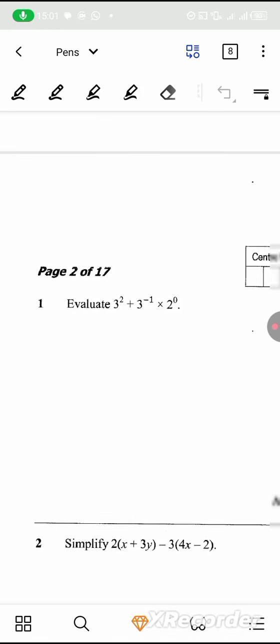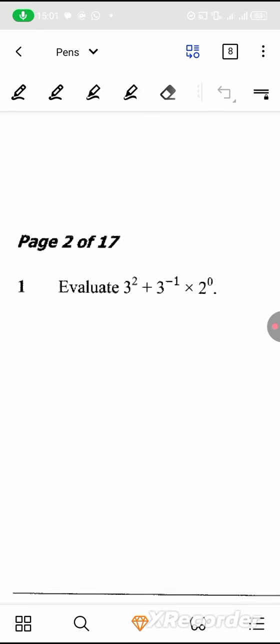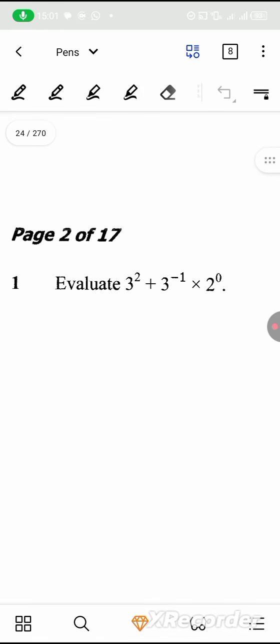The first question says, evaluate 3 squared plus 3 power negative 1 times 2 power 0. The first thing you should understand is the question and where it is coming from.